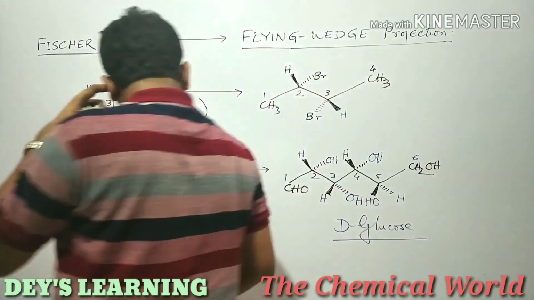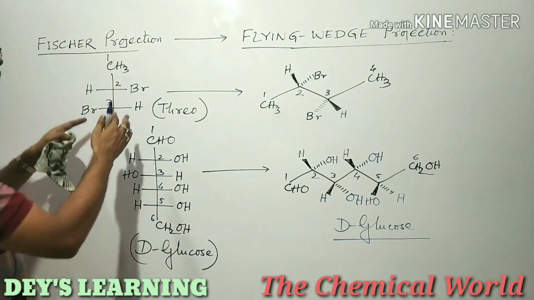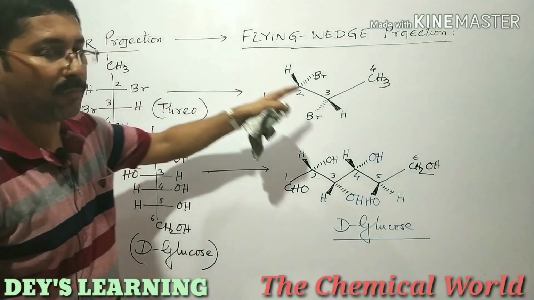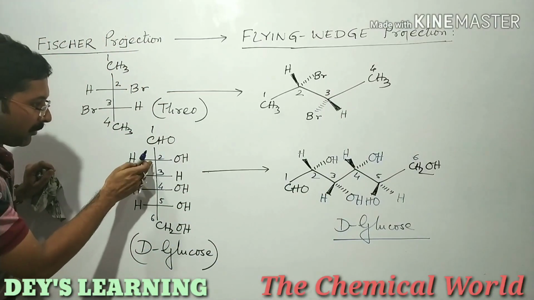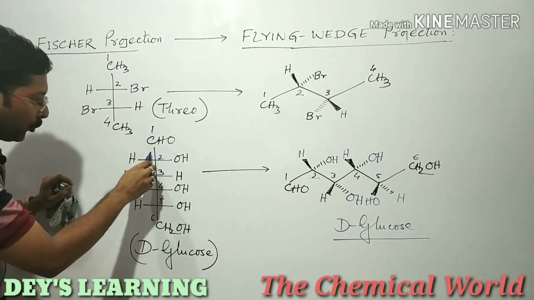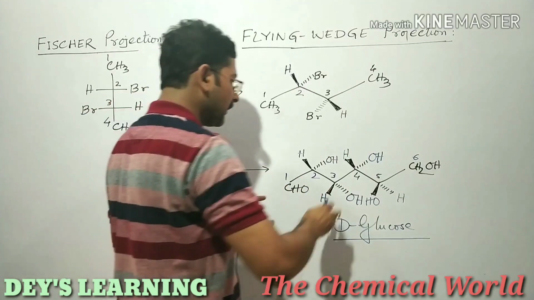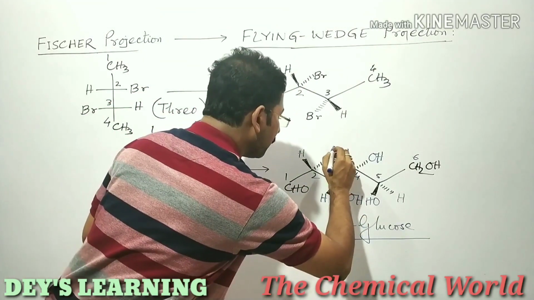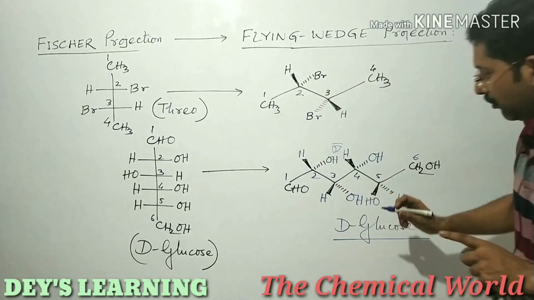Our next molecule is D-glucose. We can convert the D-glucose Fischer projection into the Flying-Wedge projection or Wedge-Dash projection. Look at here, this is your carbon number 2. 1, 2 and 3 are in the same vertical line. Now if we observe this bond from this angle, what will you find?